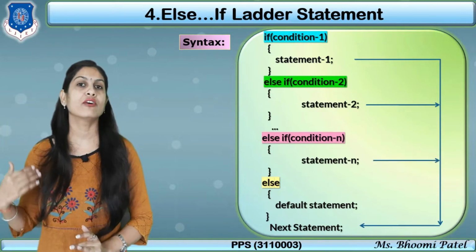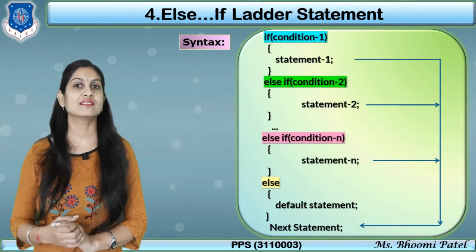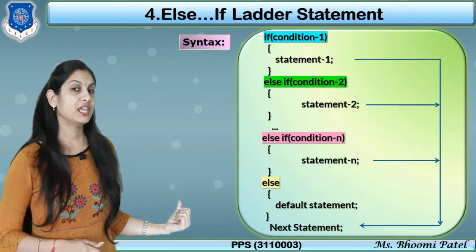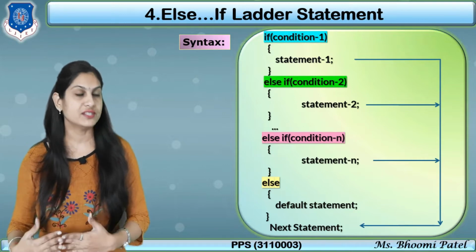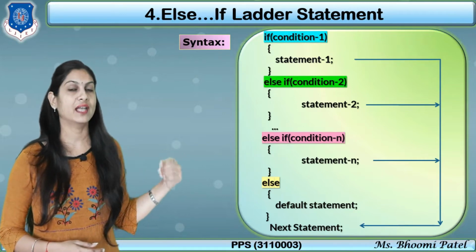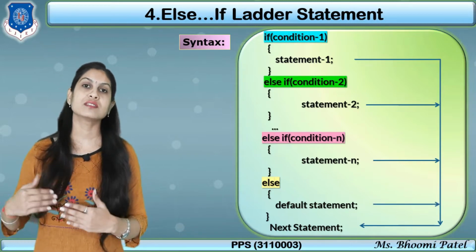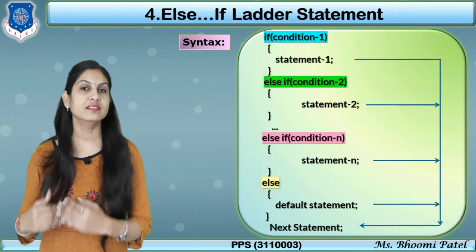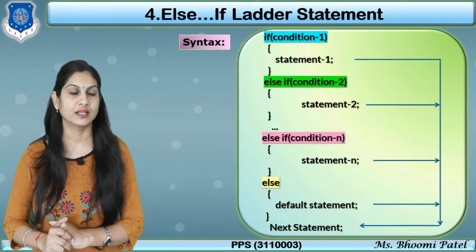Likewise the conditions will be checked one by one. That is called a ladder. Now if none of the conditions match, then we directly jump to the else part, and in the else the default statement will be executed. So this is the flow, one by one, and that's why it is named a ladder. You have to remember these things.